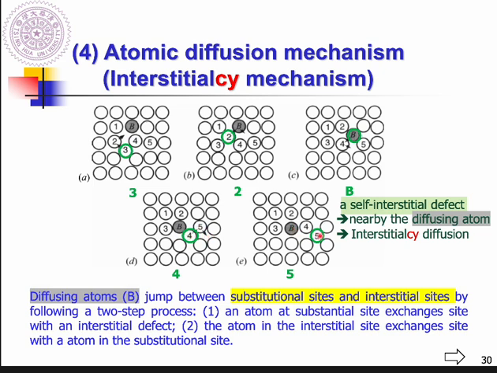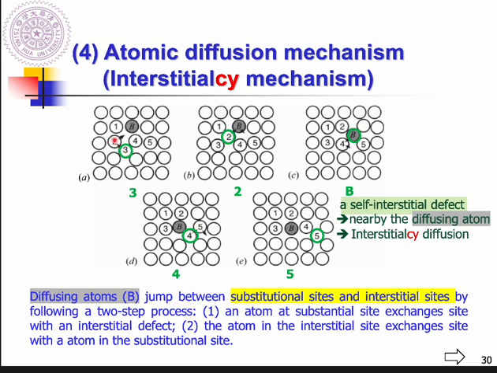So the same. You can visualize from figure A, B, C, D to E that the diffusing atoms always jump between substitutional sites and interstitial sites, following two steps, and there's always a self-interstitial defect here.